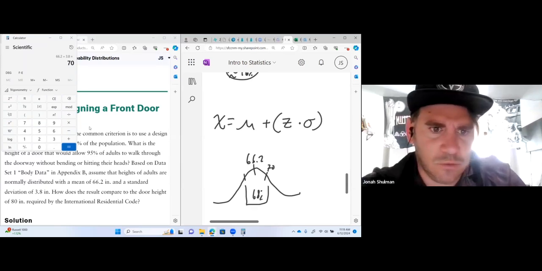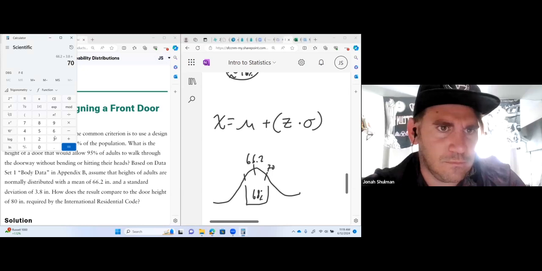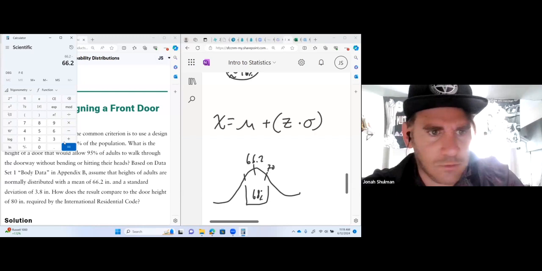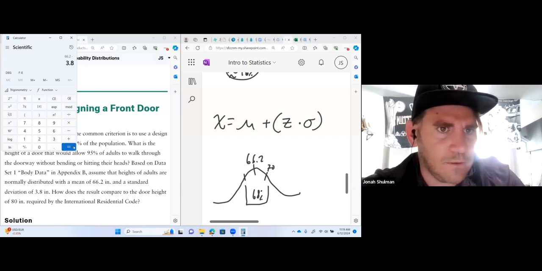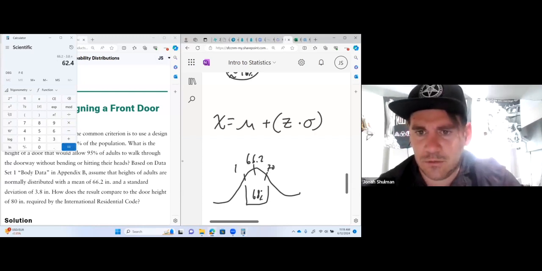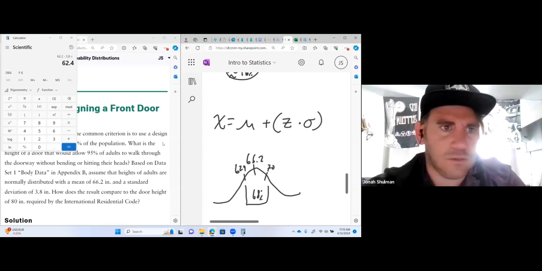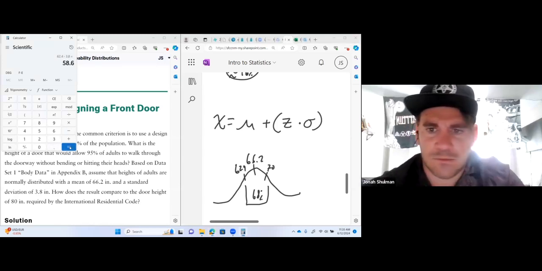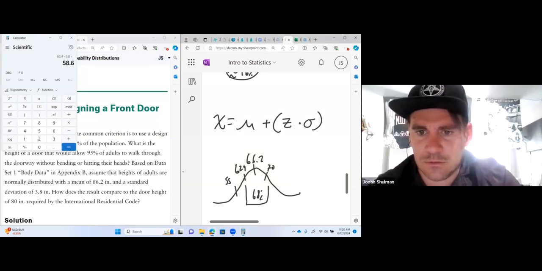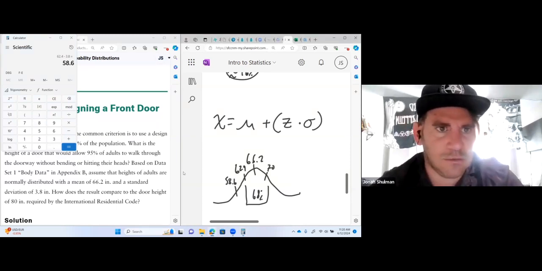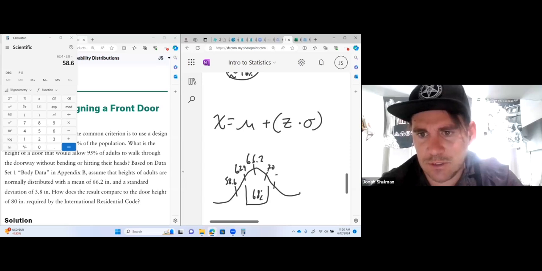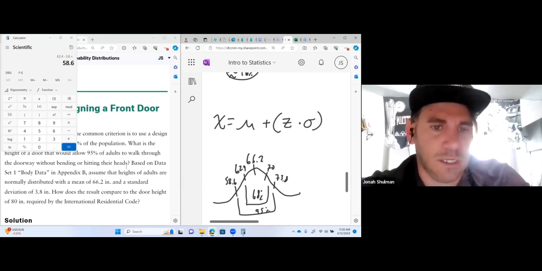Now 66.2 minus 3.8 is going to be 62.4. Let's do another one. Minus 3.8 is going to be 58.6. And 70 plus 3.8 is going to be 73.8. And so this one's going to be 95% of our scores. There's my sketch, okay?